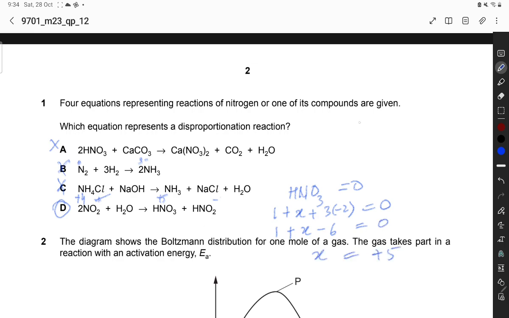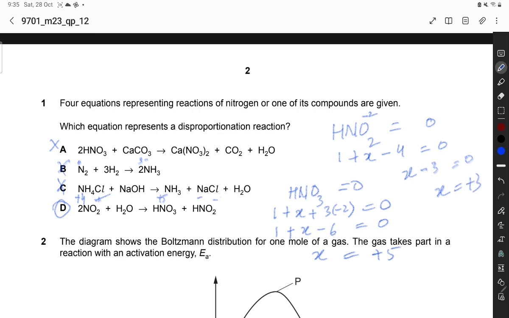So here +5, and in this case HNO2 is equal to 0, 1 plus X minus 4, because 2 times minus 2 is minus 4. So X is equal to +3.